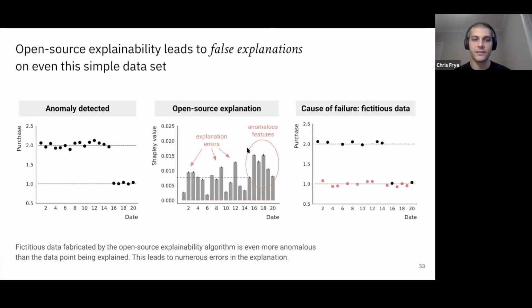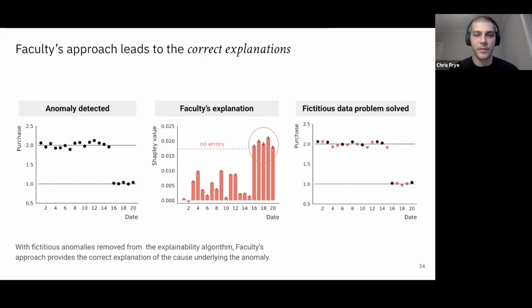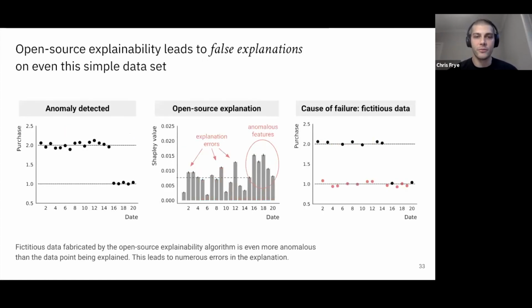On the previous slide, that statement is false because the 5 rightmost Shapley values are not the 5 largest Shapley values. For example, there are at least 5 other Shapley values for non-anomalous features that are larger than one of the anomalous Shapley values. And the purpose of this final plot was to show that I didn't just cherry pick an example for you, like an example that came out really well for faculty and really poorly for the open source method.